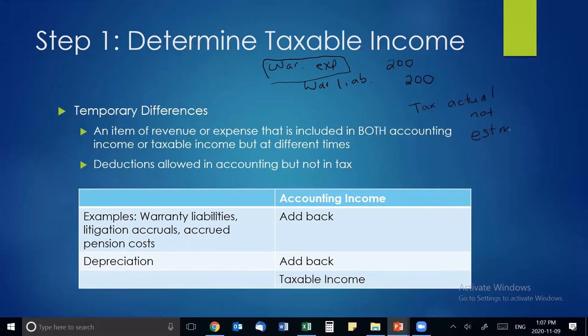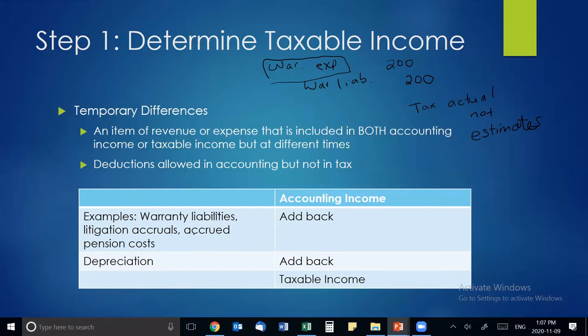Okay? So we know in accounting income, we do a lot of estimates and record those. Like even like litigation accruals, if you have a contingency, you would record an estimate of how much you have to pay as a liability. Accrued pension costs, we will do that in chapter 19. You'll have a better understanding of why.